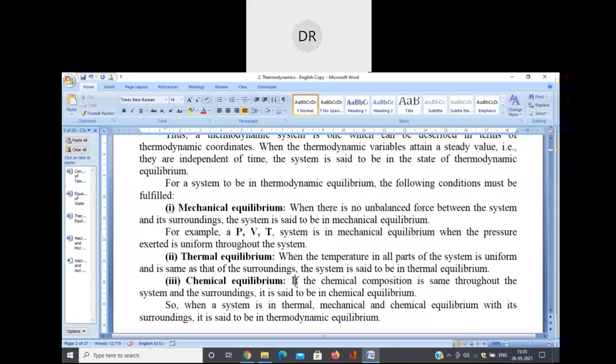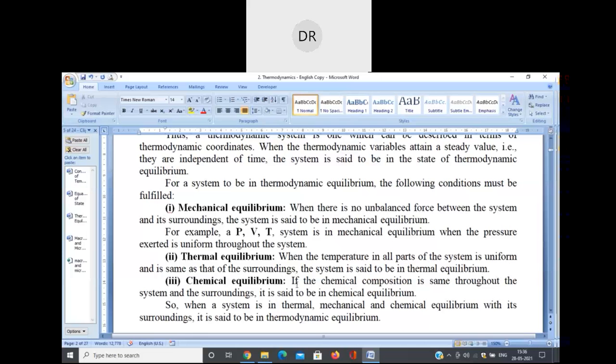It constitutes pressure, volume, temperature, entropy, and internal energy, all these macroscopic parameters. When we consider thermal equilibrium, it mainly depends upon the temperature. Thermal equilibrium means the temperature of a system is constant with the surroundings and the remaining parts of the system. Then we say that the system is in thermal equilibrium.